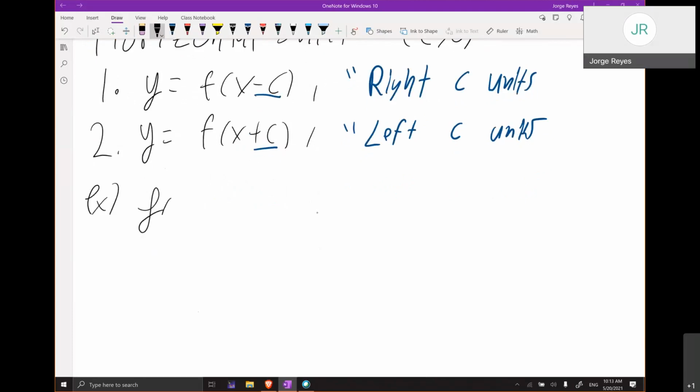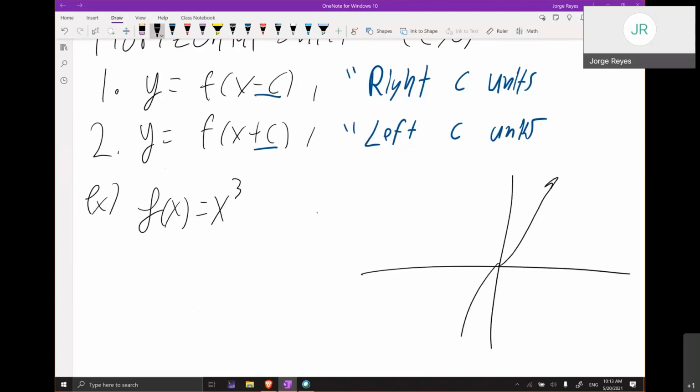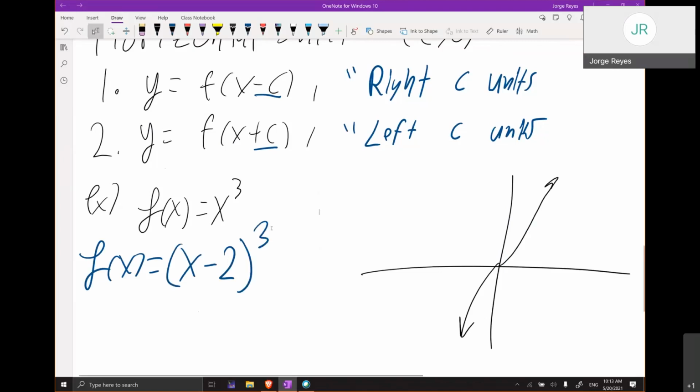So I'm going to have the cubic function and the original. If I have f of x equals x minus 2 cubed, notice the minus 2 is inside the cubed. This means go right 2 units.